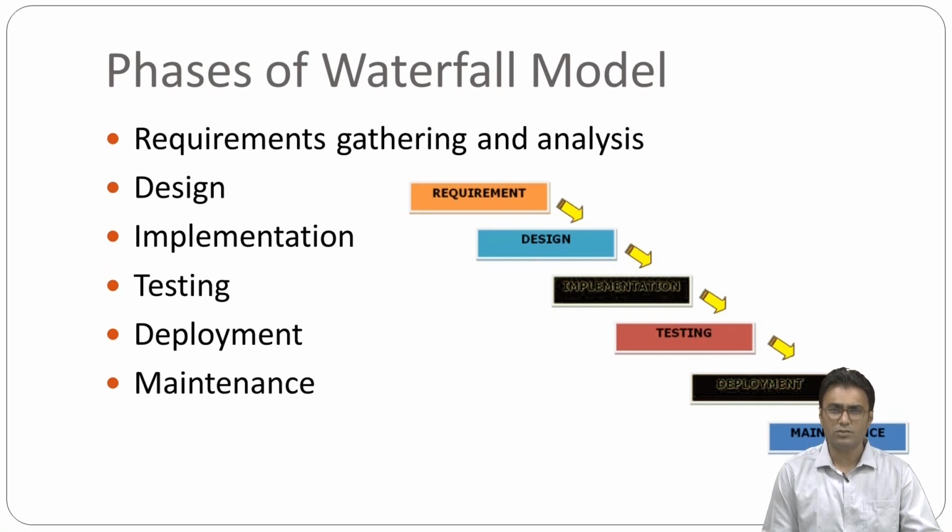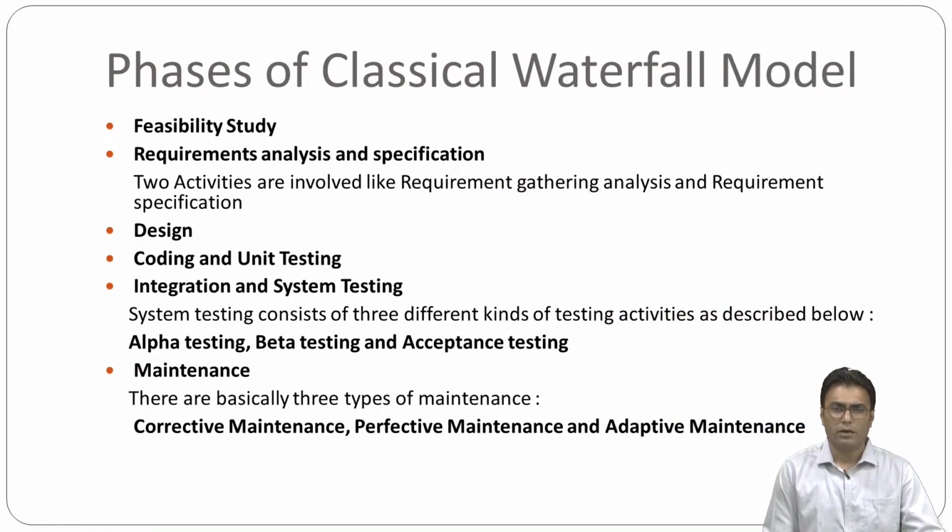Here, the phases do not overlap with each other. In the next slide, the different sequential phases of the classical waterfall model are available on your screen. So, let's now learn about each of these phases in detail.